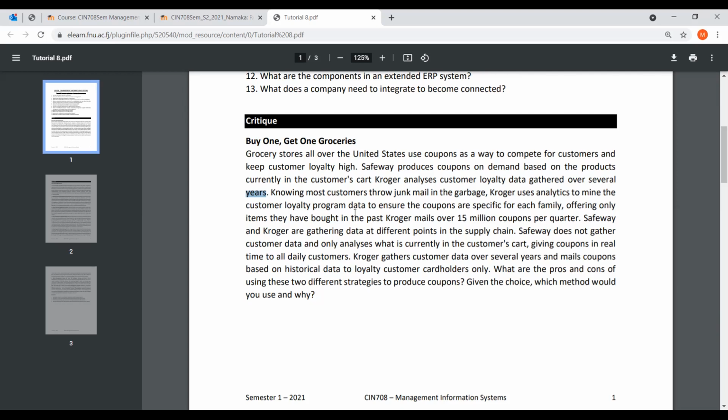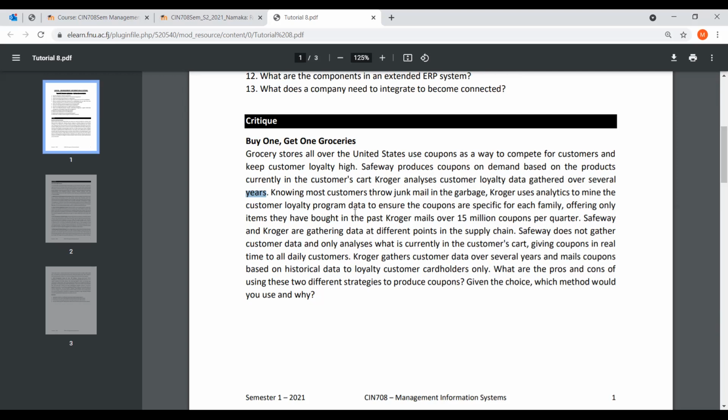Any questions, anyone? Let me repeat that. For Safeway, the pro is that they have an instant marketing impact with the customers. The con is that they are not able to study historical data.